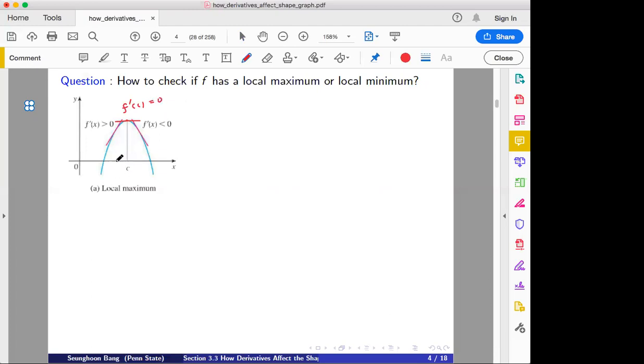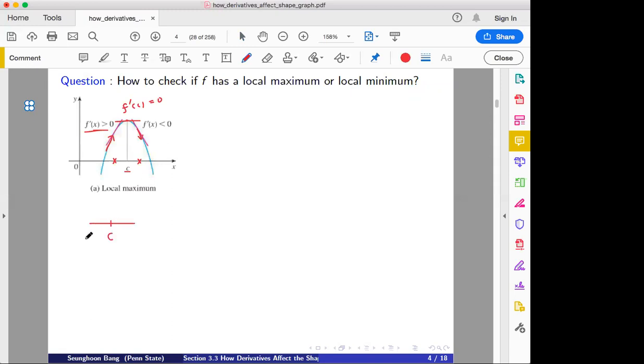When do you have a local maximum here? You can choose x values on the left-hand side of c. f prime of x is positive, which means the graph is increasing. You can choose a point x on the right-hand side. f prime of x is negative, so the graph is decreasing. So I can draw the graph like this.